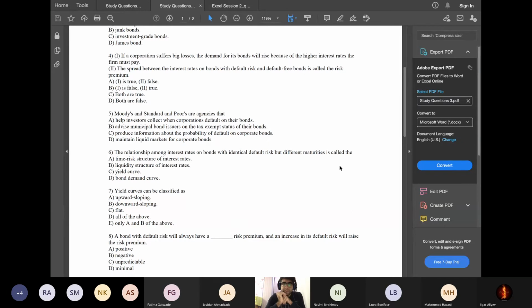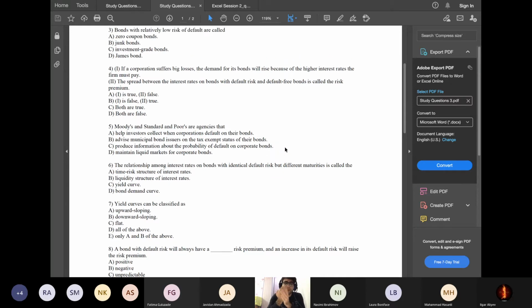They assign letter grades for banks, for countries, for central banks, or commercial banks. The duty of these agencies is producing information. For example, they analyze financial statements of banks or countries, and they give you a grade. For example, your grade is A or AA plus or AAA.